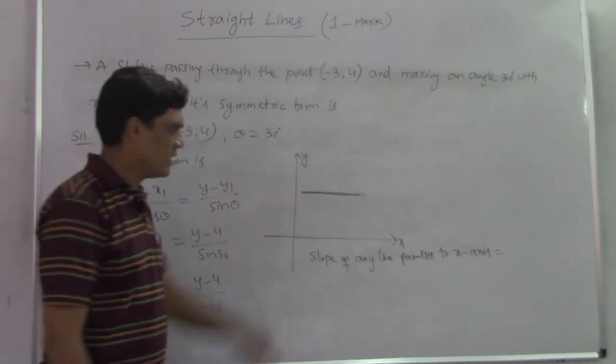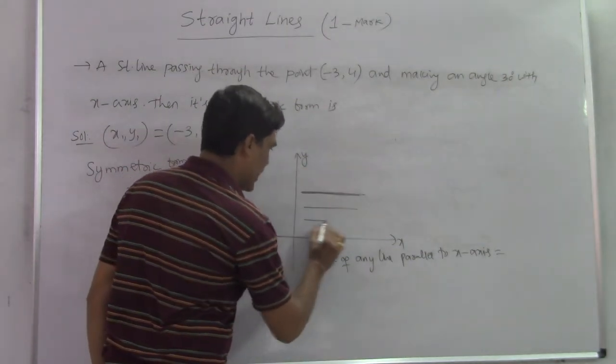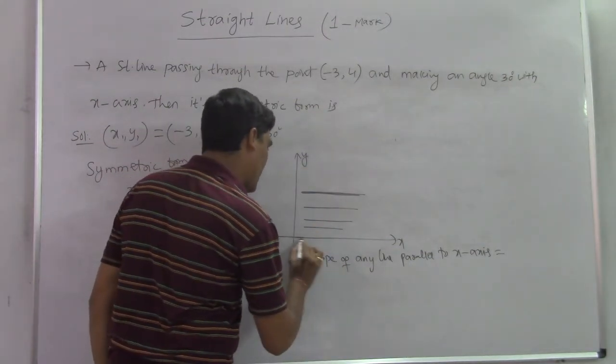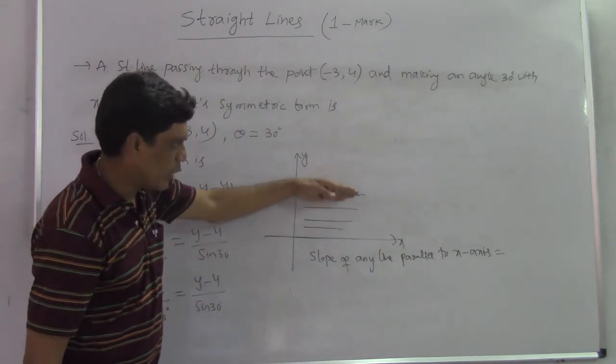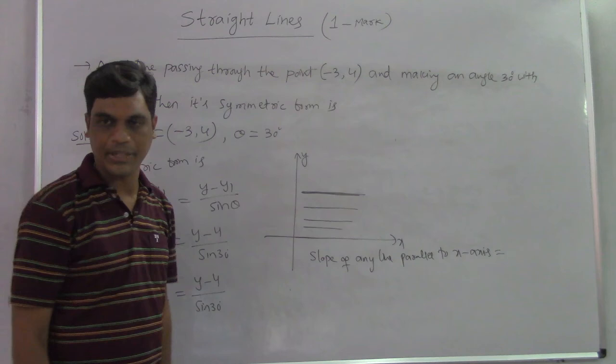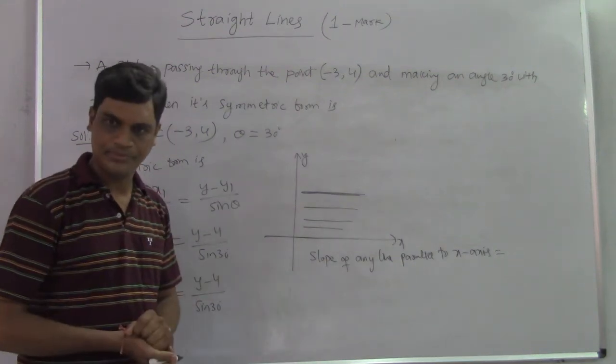Zero. Why? Because I gave a line here, no? You may take here, here, here, or sometimes here also, no problem. Any line parallel to x-axis means you may take here, here, here. So that line is nothing but x-axis only.